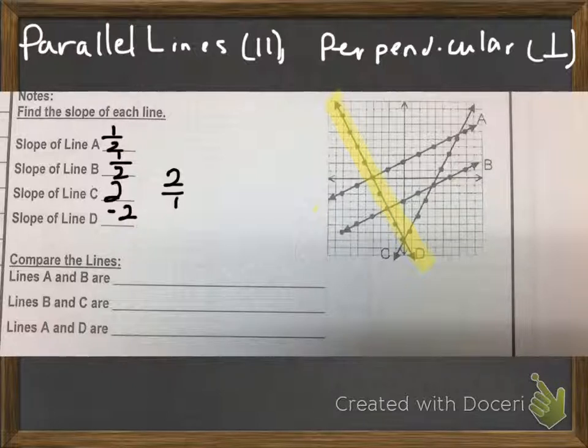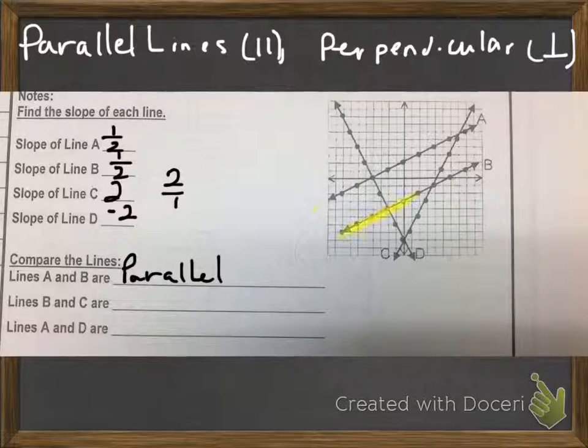So let's compare the lines. Lines A and B, what would you tell me about lines A and B? Parallel, okay? So they're parallel. Lines B and C, what do you think they are?